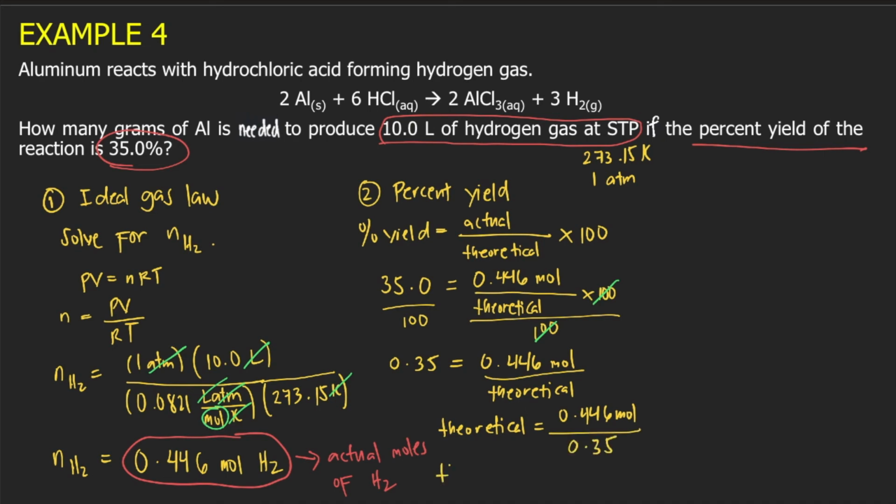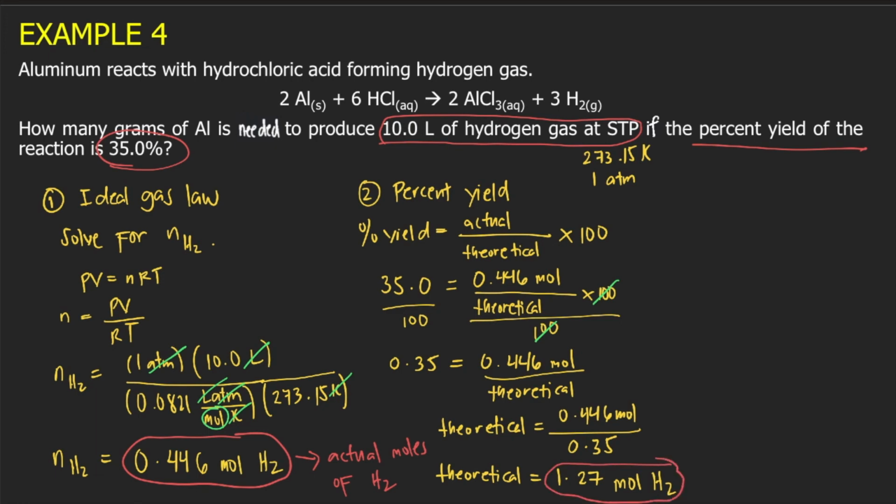If you compute that, 0.446 divided by 0.35, that is approximately 1.27 moles. So the theoretical yield of hydrogen gas is 1.27 moles of H2. So this one is your theoretical yield.